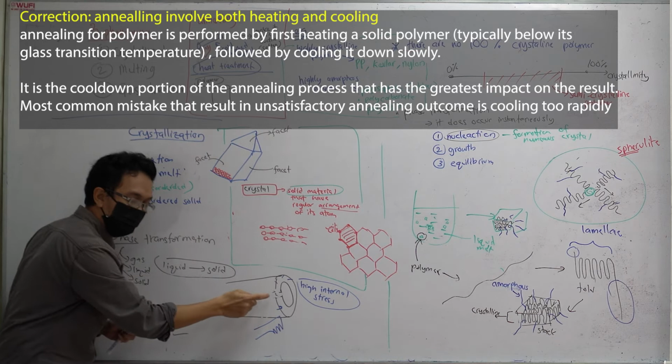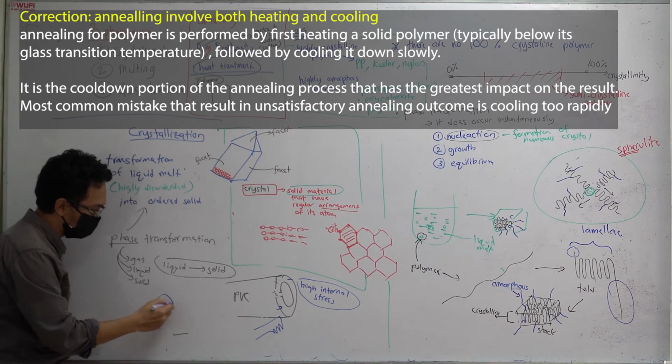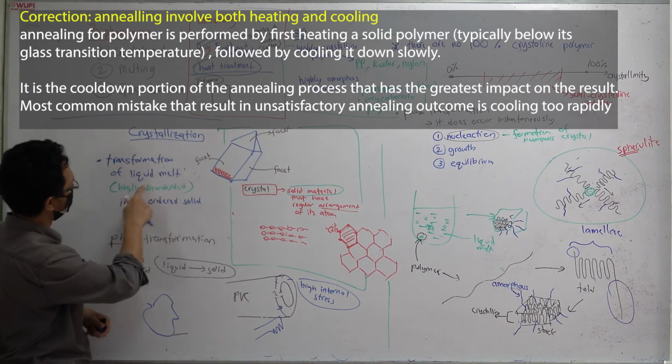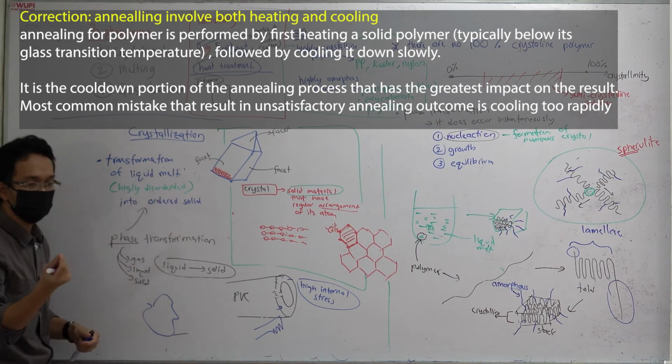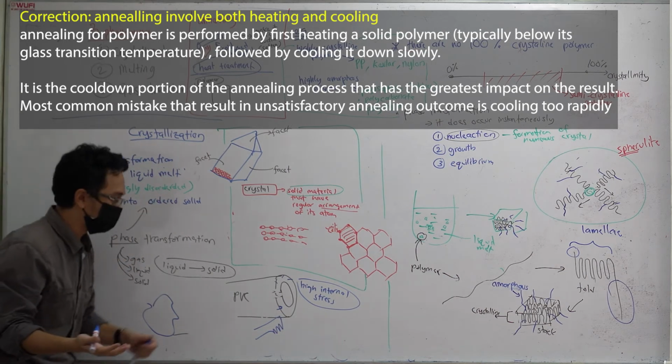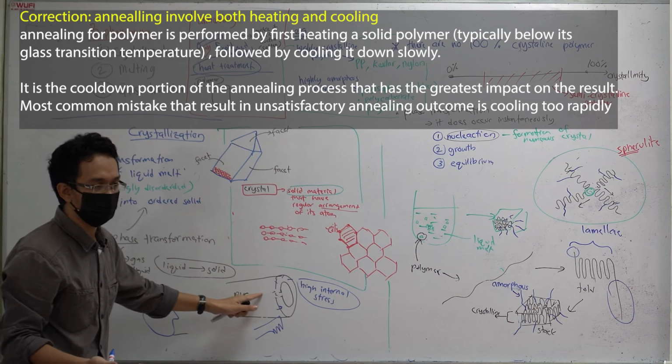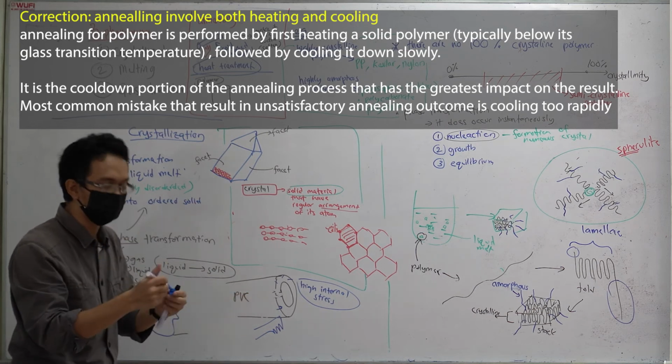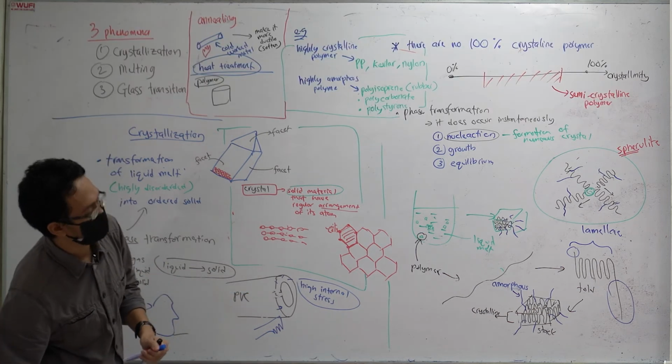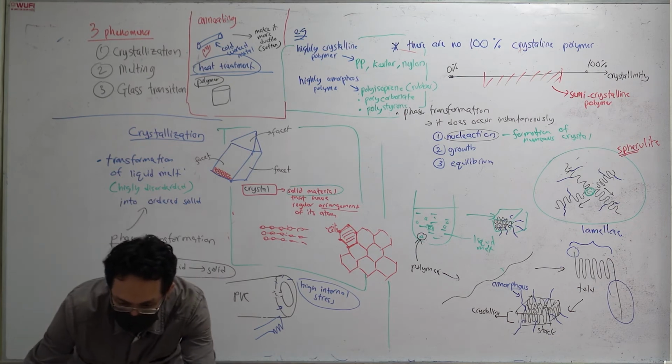So when you want to make a PVC pipe, it starts with something molten, a liquid melt. Any polymer, in order to make this PVC part, starts with some virgin polymer pellet.